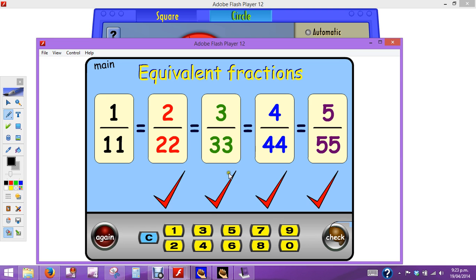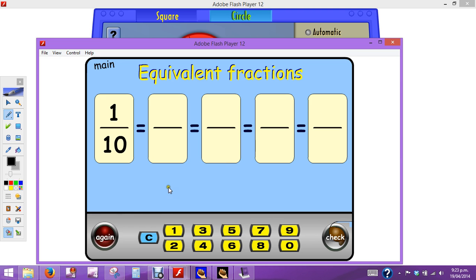Let's check it. Let's do it again. 1/10 is the same as 2 out of 20 is the same as 3 out of 30. 4 out of 40. 5 out of 50.